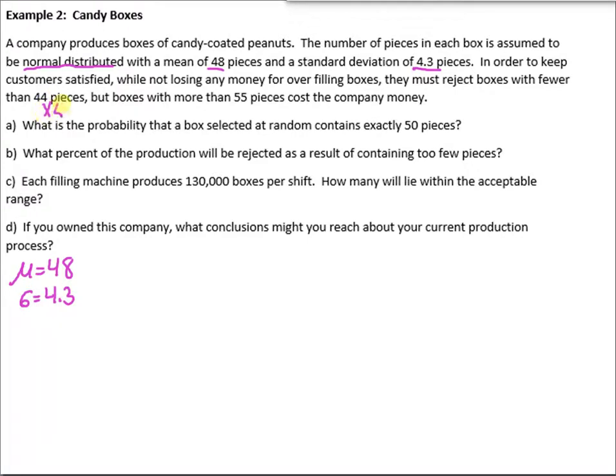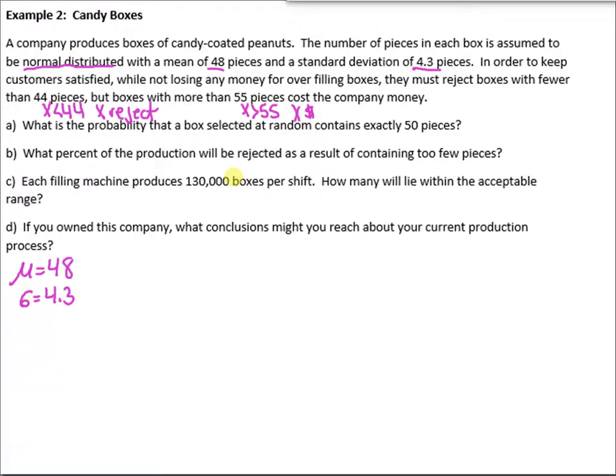So X less than 44 is a reject. Boxes with more than 55 pieces, when X is greater than 55, will cost too much money, so they need to reject those too. If the customer is not getting many pieces per box, the customer will be unsatisfied. If they're getting too many, the customers are satisfied, but the company is going to lose money.